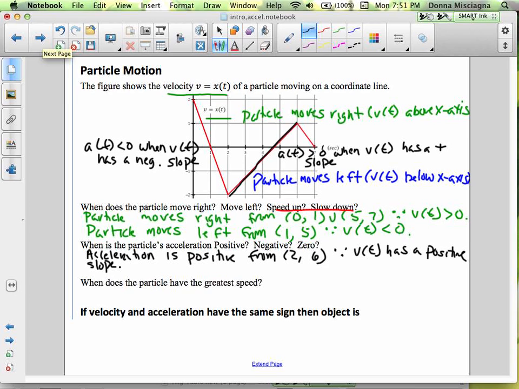So acceleration is negative from 0 to 2, and then again from 6 to 7. And we know that to be the case because v of t has a negative slope.